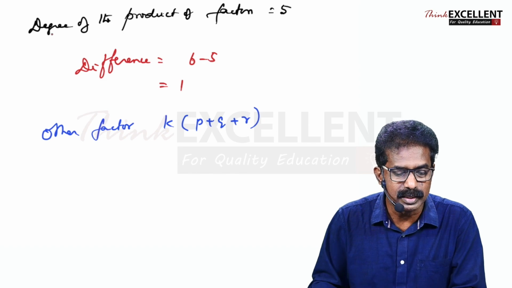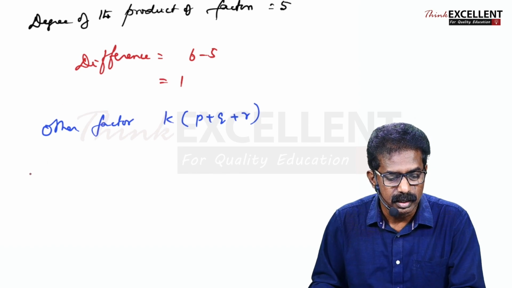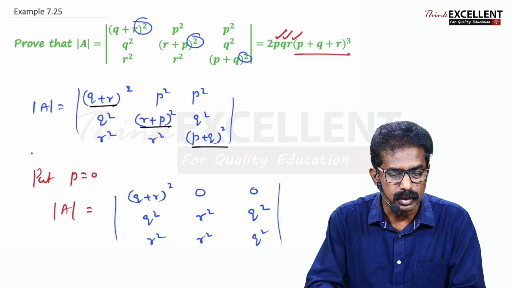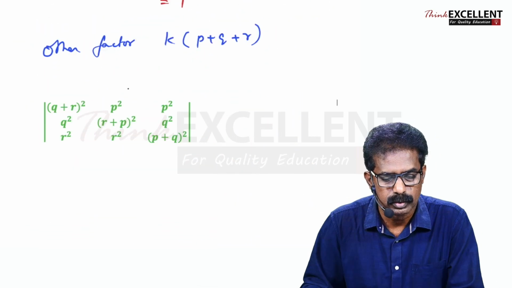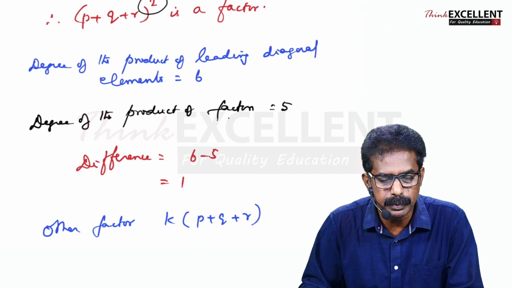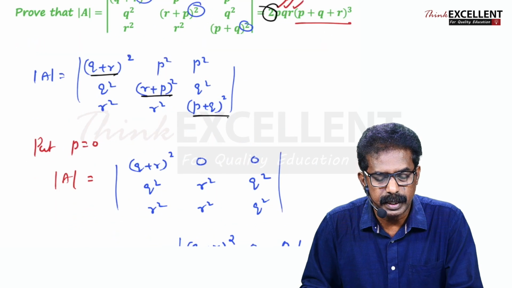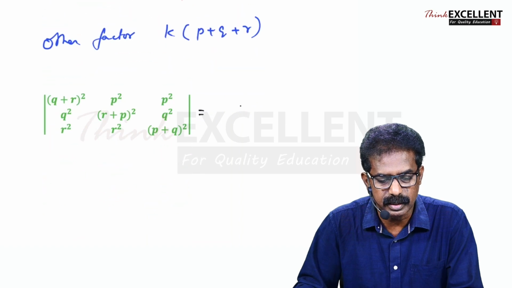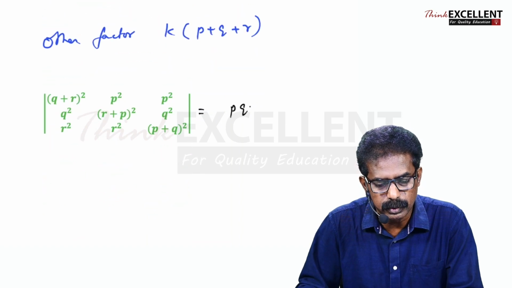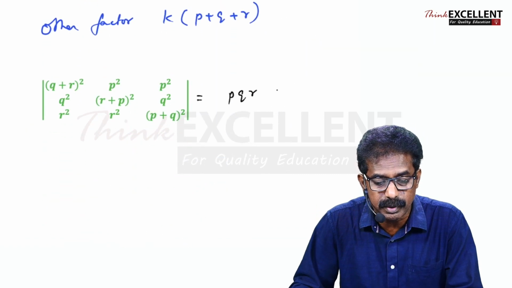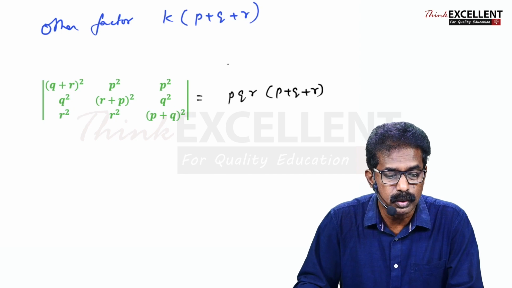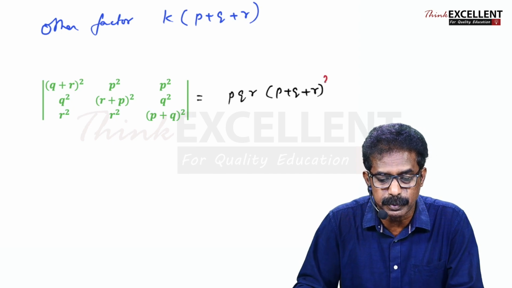Okay, now listen, you substitute it in the question. So you copy that question. We take that LHS, we substitute. So this is equal to, already we proved P, Q, R are factors, right? P, Q, R, and here one more, P plus Q plus R, the whole square we proved.